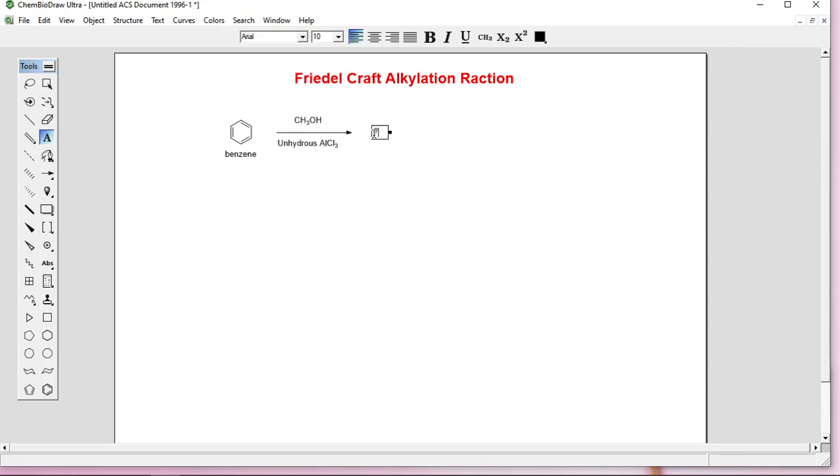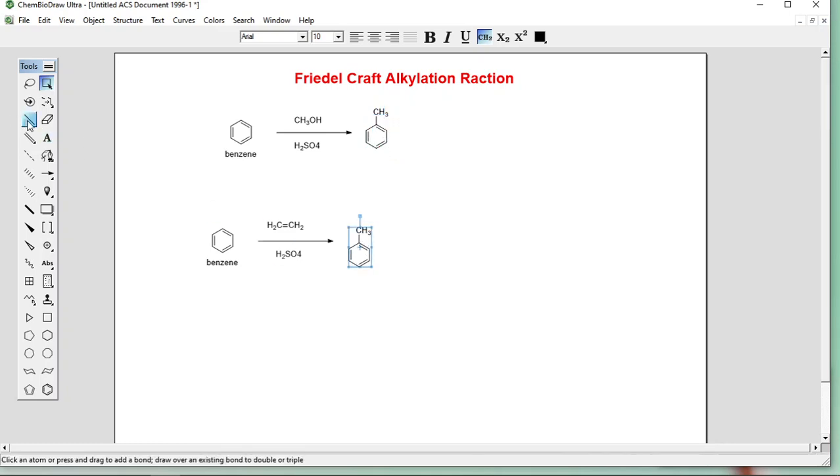Where is that question mark? Okay, question mark. H2SO4 as a source of H plus; it gives H plus ion, and that H plus ion, this double bond will attack on that H plus ion.